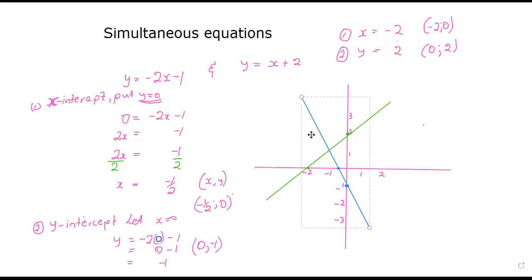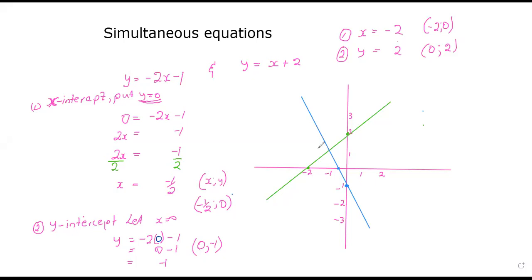Now, these two graphs here meet at a particular point.